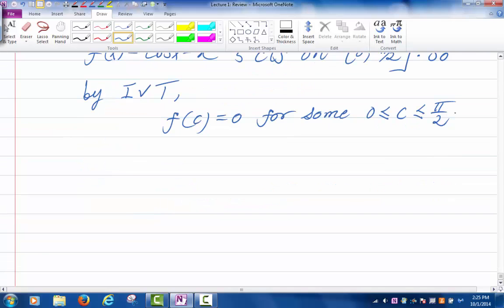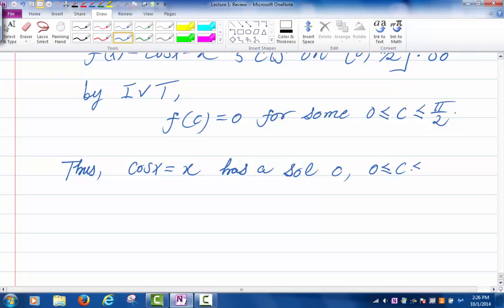And so that implies that the equation cosine x equals x has a solution c, where c is between 0 and pi over 2. So we also know the approximate location of that solution.